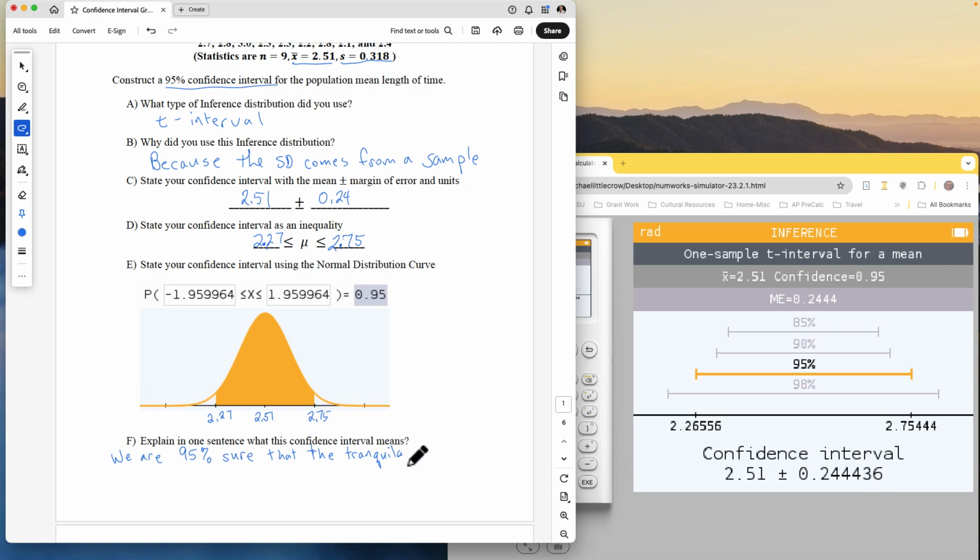That the tranquilizer is effective for 2.27 to 2.75 hours on average.